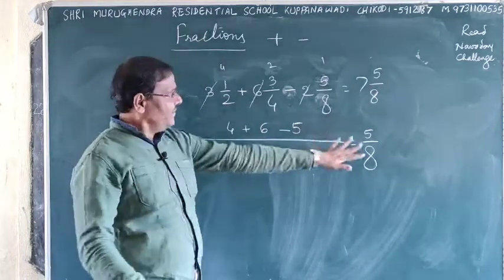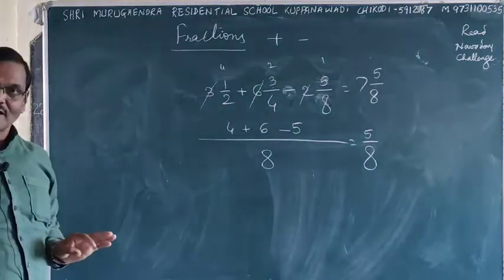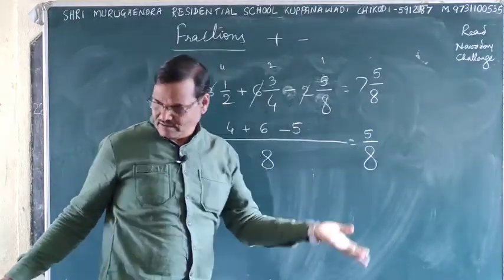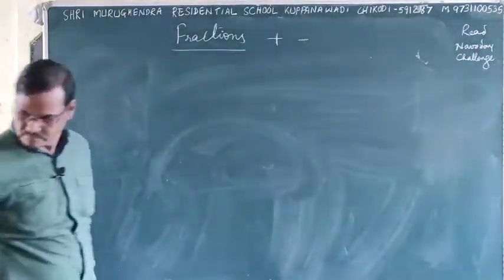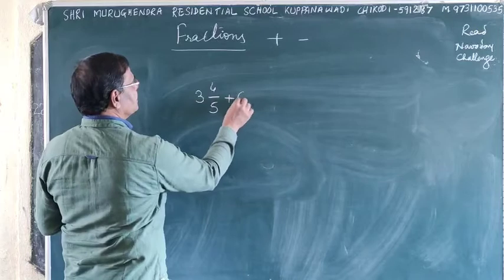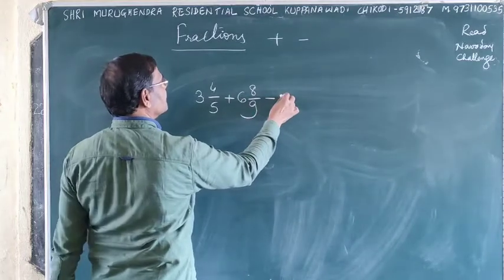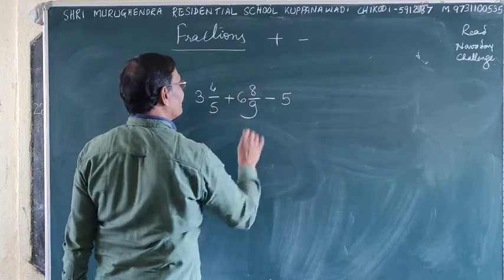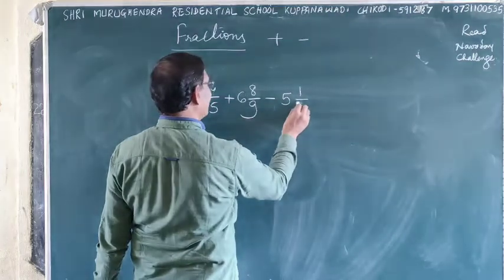Like this. If here it is, what kind of number? A big number. Then it means an improper fraction. Then you have to make it, one example we can say. 3 integer 4 by 5 plus 6 integer 8 by 9 minus 5 integer 1 by 9.